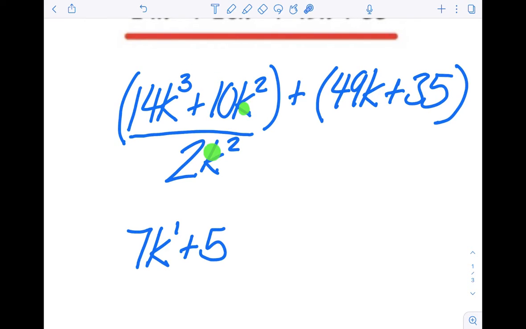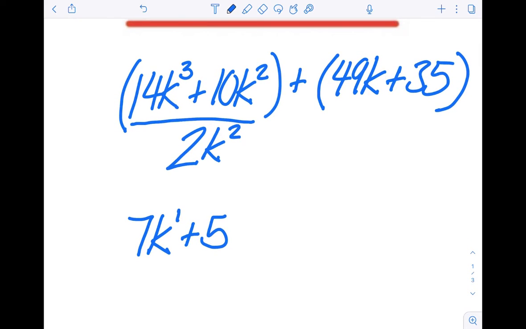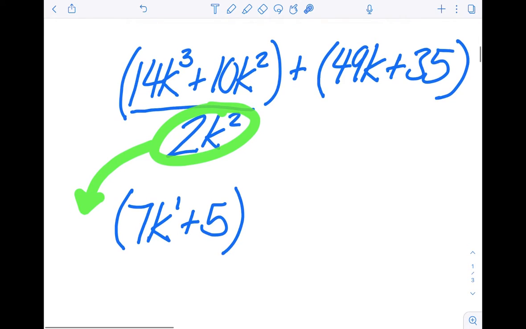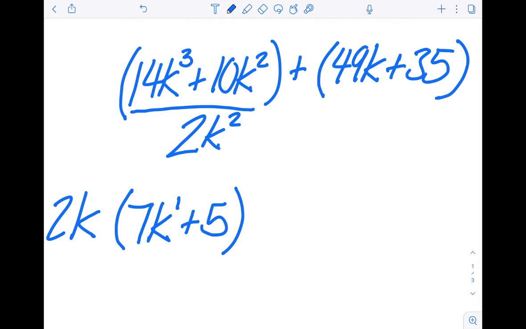And then k squared and k squared, it means that I can subtract 2 minus 2 is 0. So I'm left with 7k to the first plus 5. And then remember, this term that we divided by goes in the front of the parentheses, outside: 2k squared. Perfect.